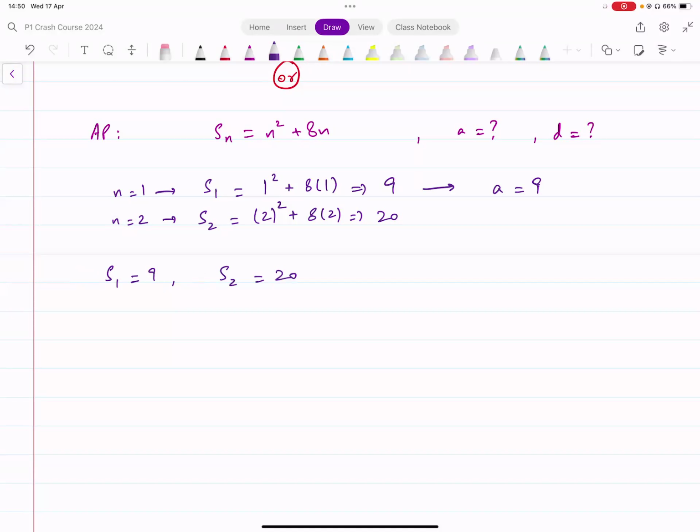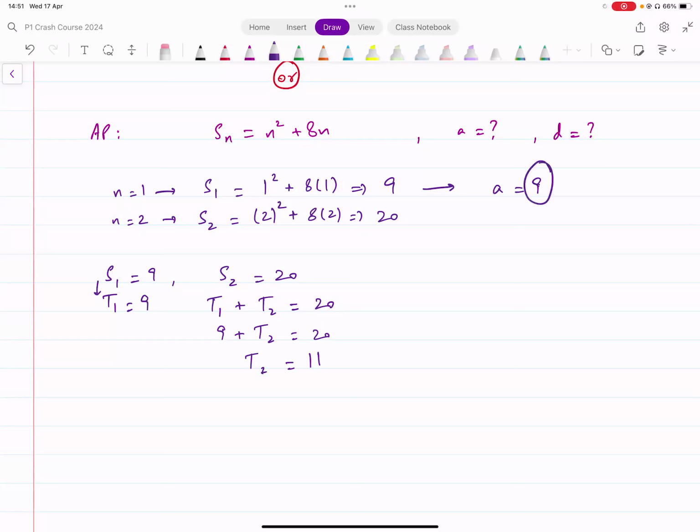If sum of the first two terms is 20, what that means is term 1 plus term 2 equals 20, right? We already know the first term. The first term is 9. So we can say 9 plus t2 equals 20. t2 equals 11. The second term turns out to be 11.